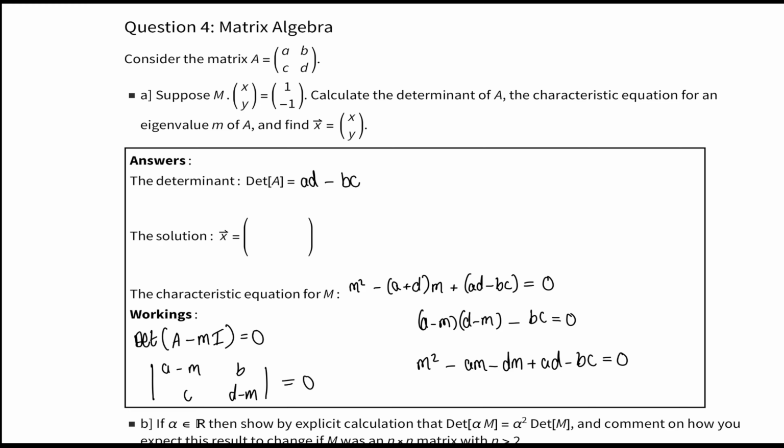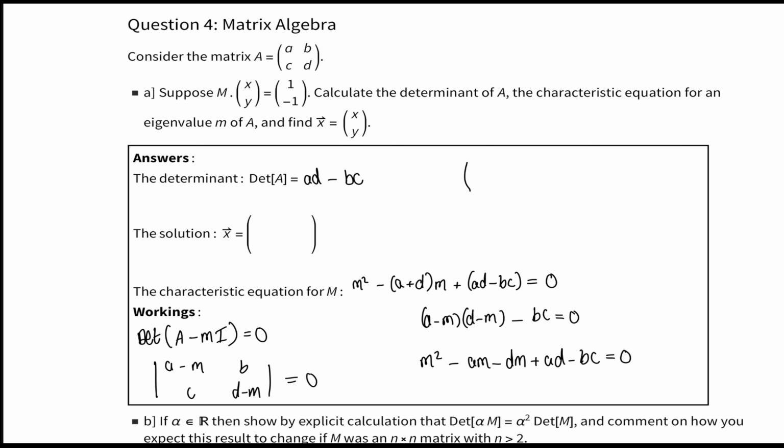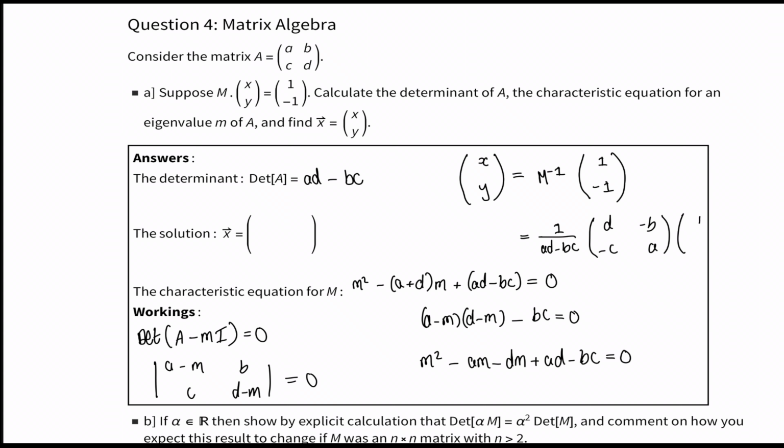Now, to find the solution of x, y, we simply have to find the inverse of M and multiply it by the vector 1, minus 1. And so the inverse of M is 1 over the determinant, and then brackets D, minus B, minus C, A, multiplied by 1, minus 1.